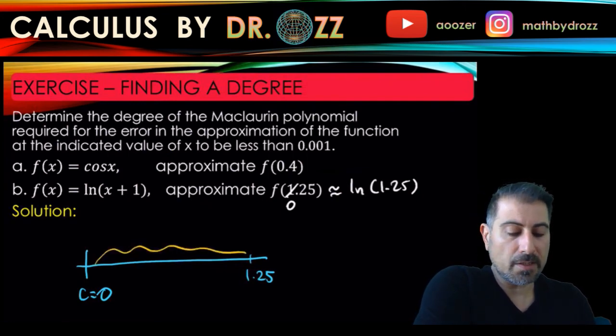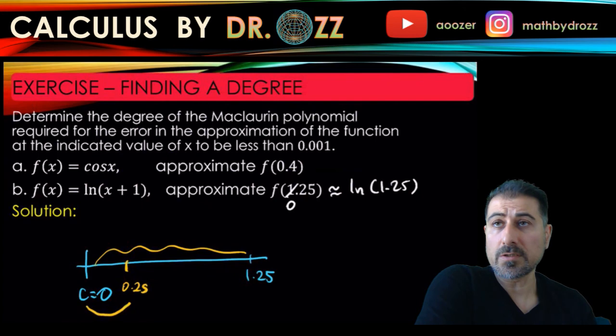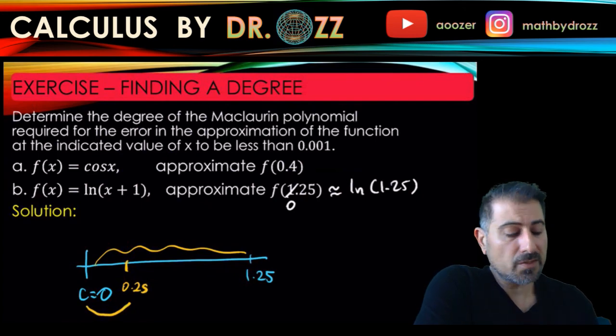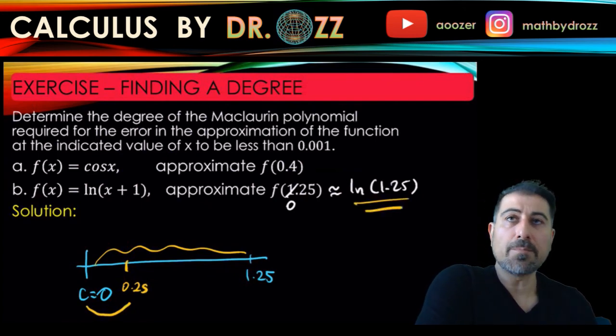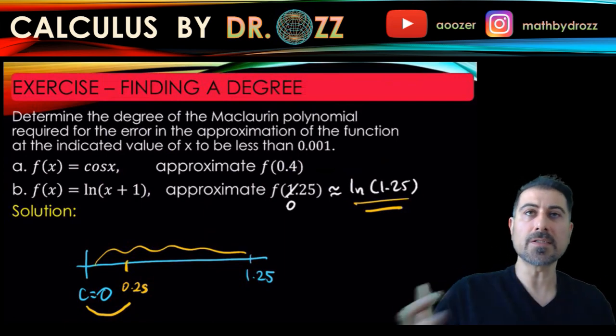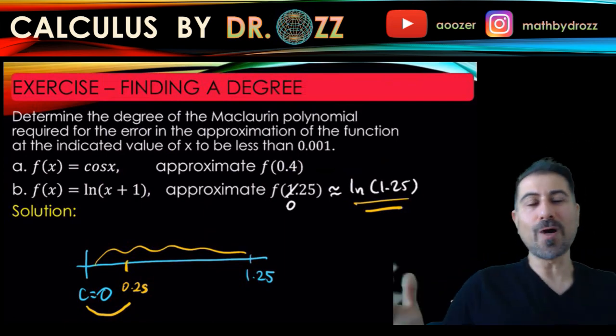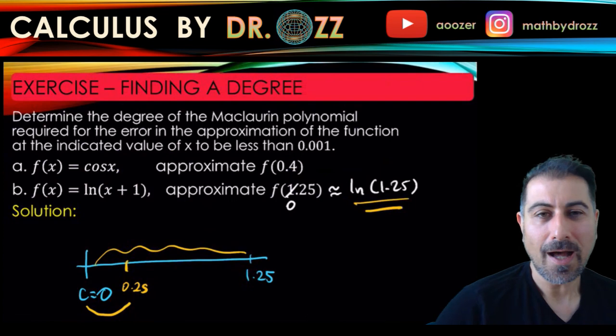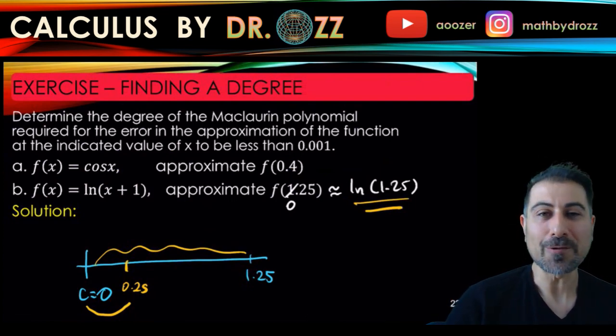But if you somehow get a good estimate around 0.25, 0.25 is relatively closer to c equals 0. So out of this analysis, you will get a better estimate, and you'll be able to find a degree for which this approximation is going to work with error less than 10 to the minus 3. But that's a side example. And after you watch this video, I hope you go through this example by yourself.